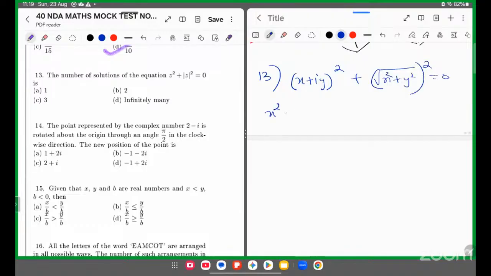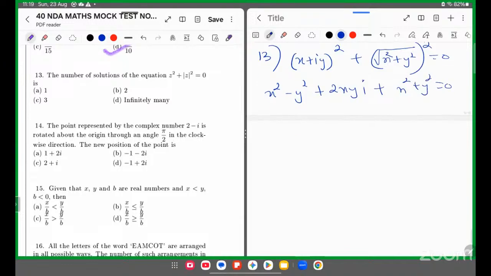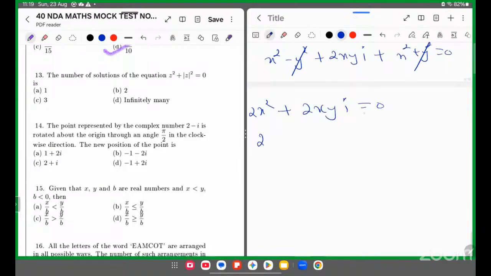So x square minus y square plus 2xy iota plus x square plus y square equal to 0. Y square cancels. So x square plus x square is 2x square, plus 2xy iota equal to 0. So I can say this is 0 plus 0 iota. So x equal to 0 is a solution.